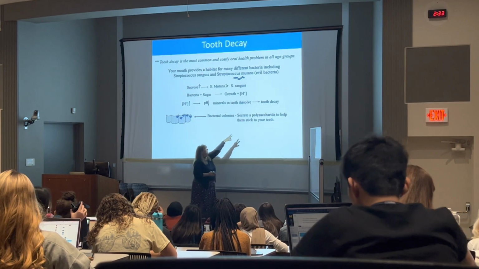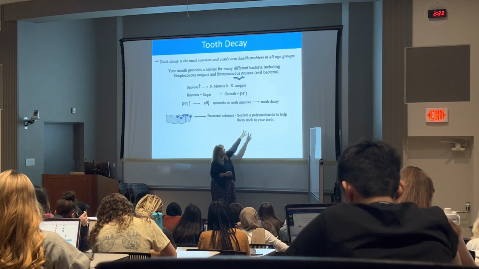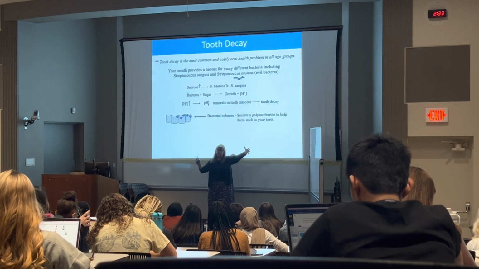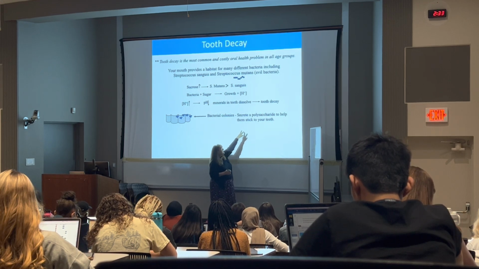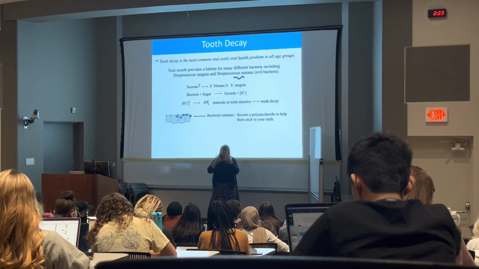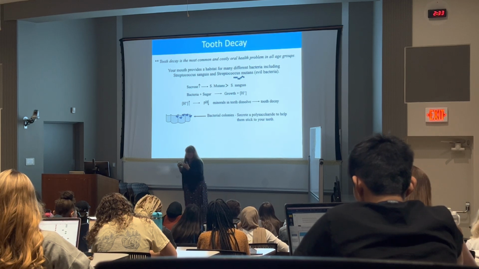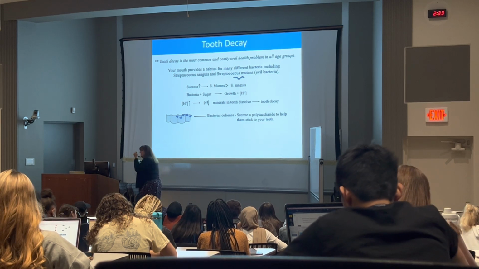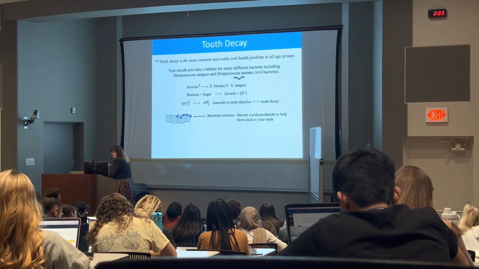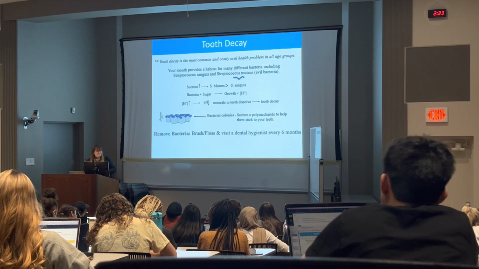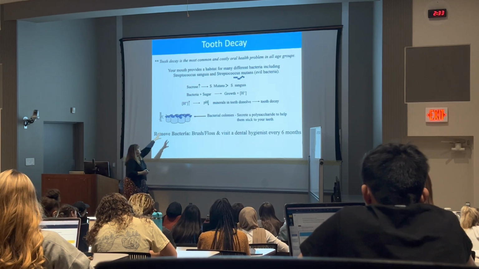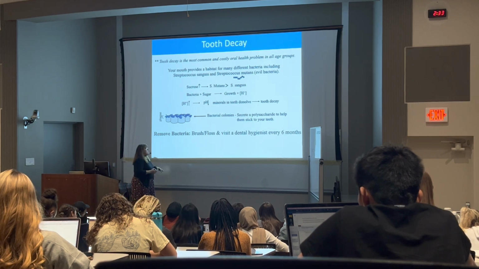They secrete a type of sugar, a polysaccharide, a long chain of sugars, and that helps them stick to your teeth and stay in place so they can eat more sugar. So when you brush your teeth, you've got to brush them away. You brush the bacteria away. When they form this, they form the plaque, and that's what you're scraping off, which is gross.